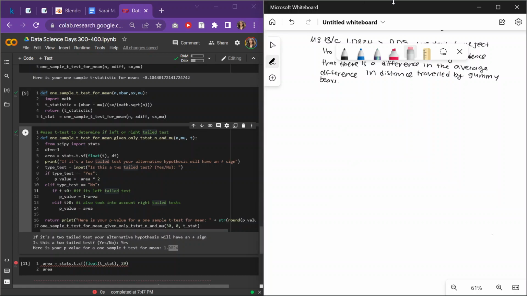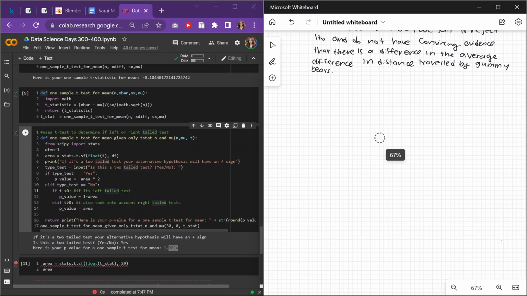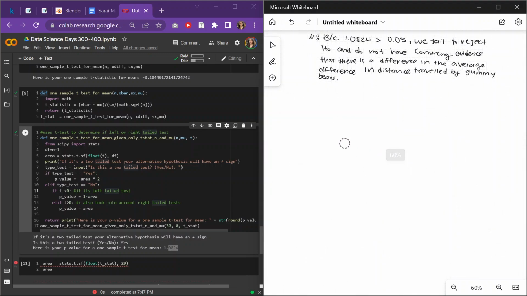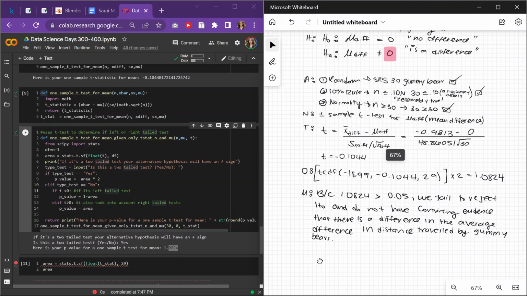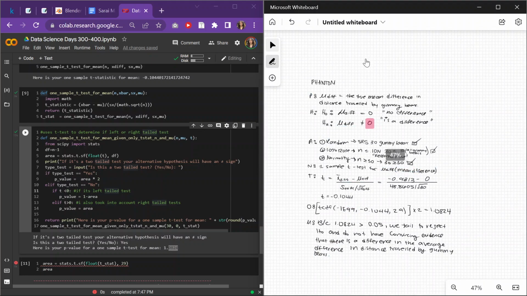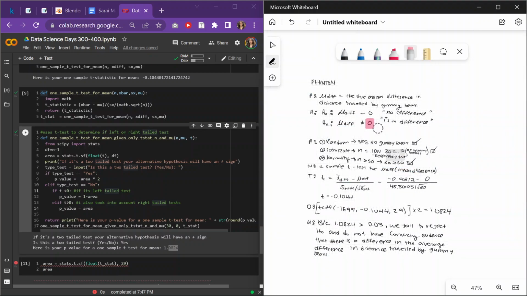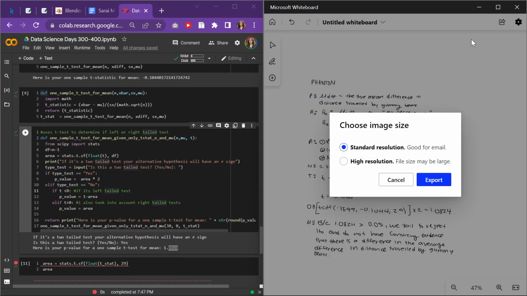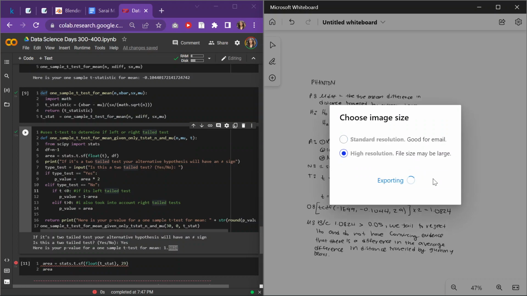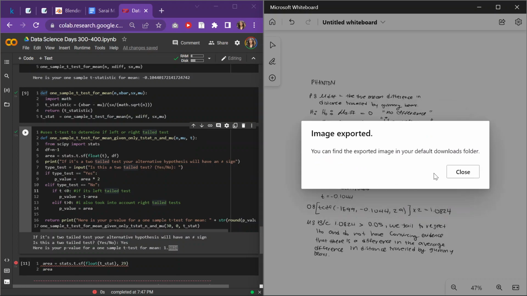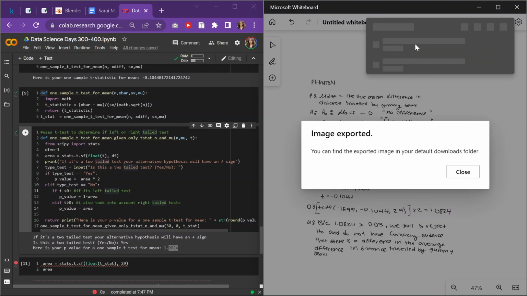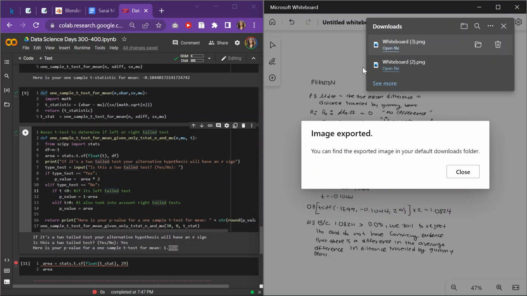Alright, and then I'm gonna go over here. And I'll erase this red here. And then we'll go here, export image, high resolution, export, and then open it up over here.